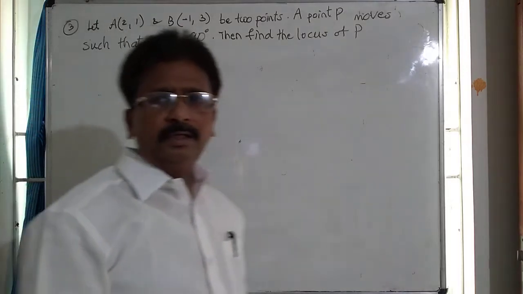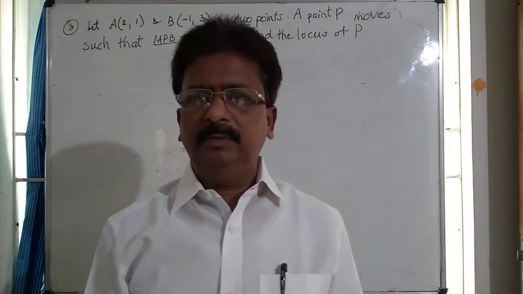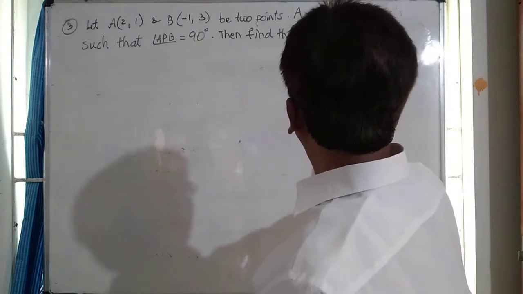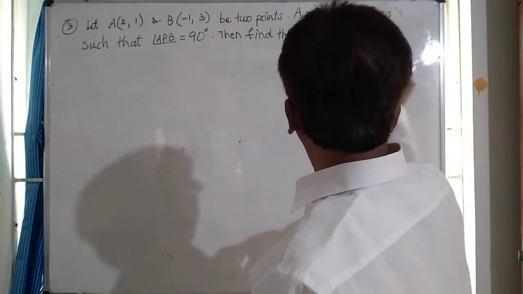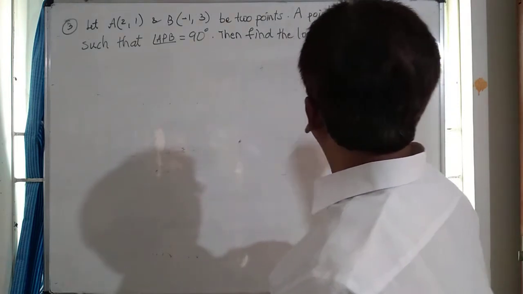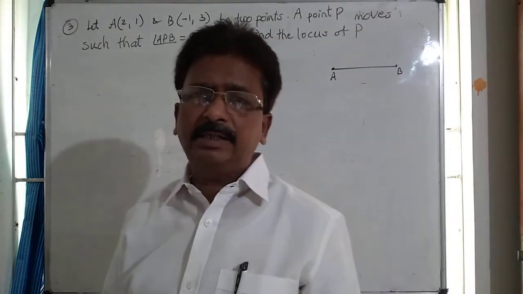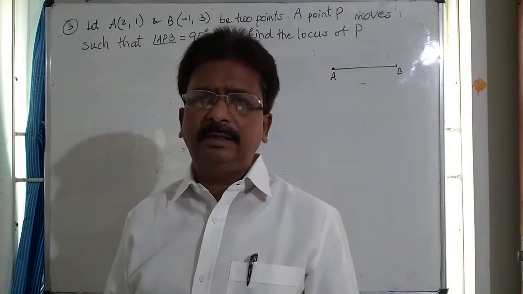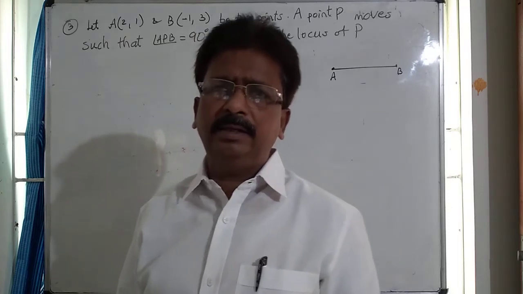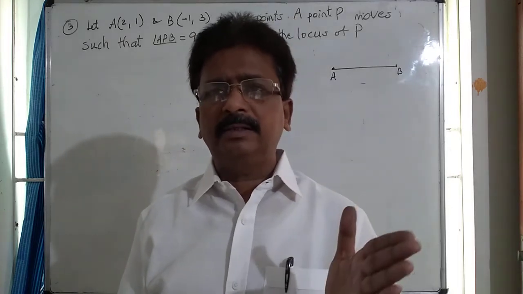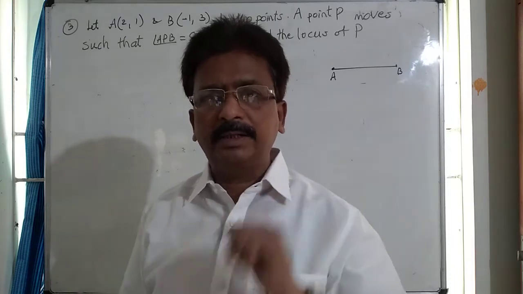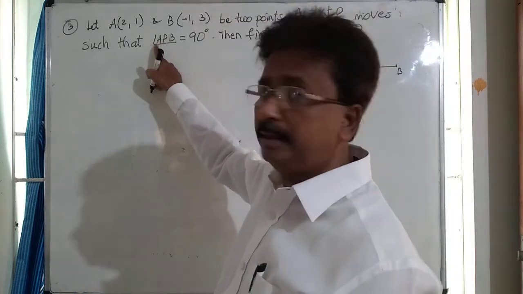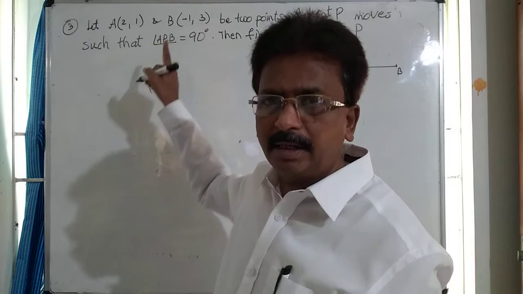Okay, have you understood the matter? Two points are given. A point P is moving such that the angle at P is 90 degrees. An angle is defined between two lines. What are those two lines? PA is a line and PB is a line.